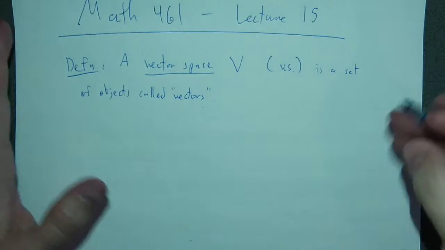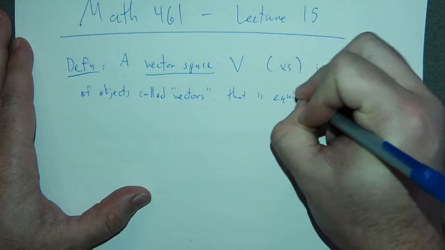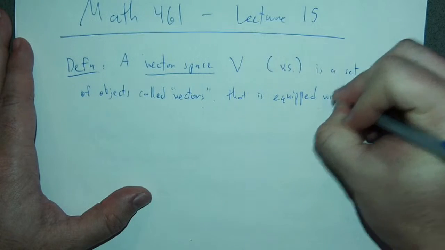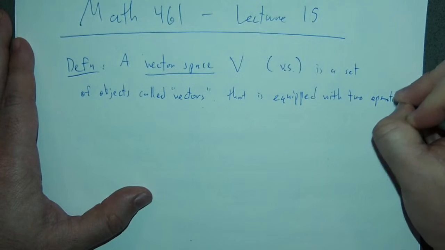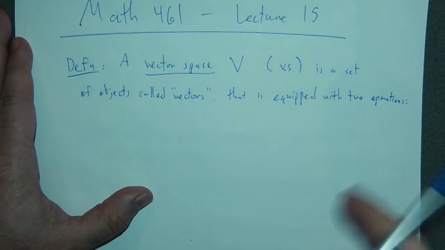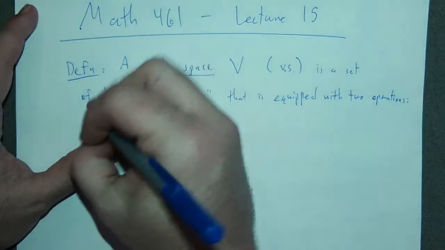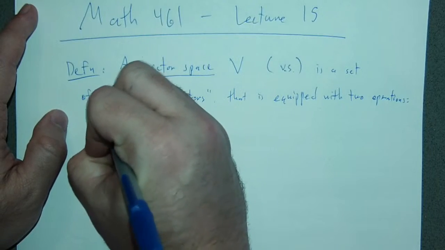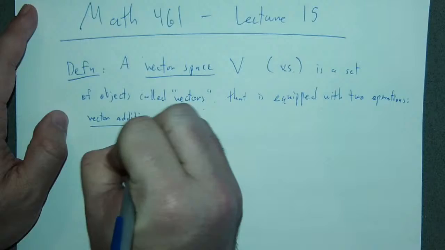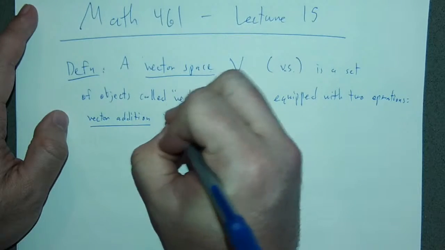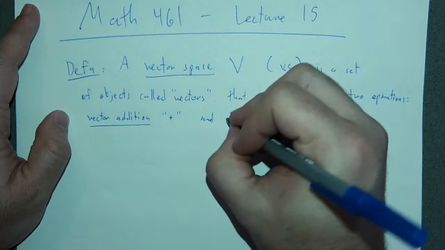That is equipped with two operations. These two operations are vector addition, which we will call plus, and scalar multiplication.